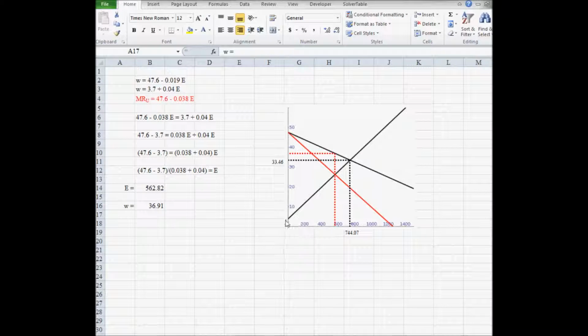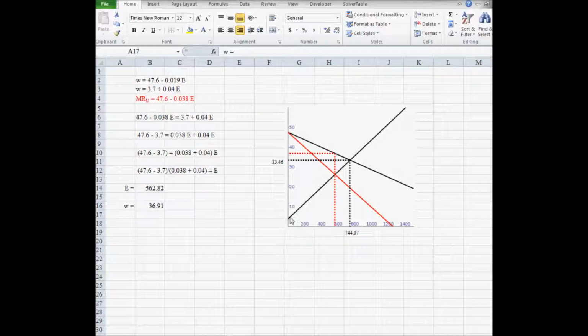Worker surplus is the trapezoid that is traced out by the labor supply equation up to labor demand and then over to the vertical axis. In order to calculate the area of that trapezoid, we need to average this height with this height, and then multiply that by the employment level of the union.